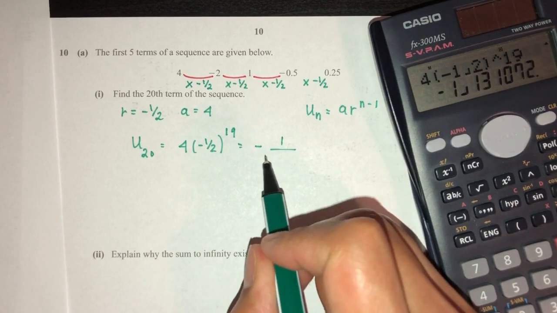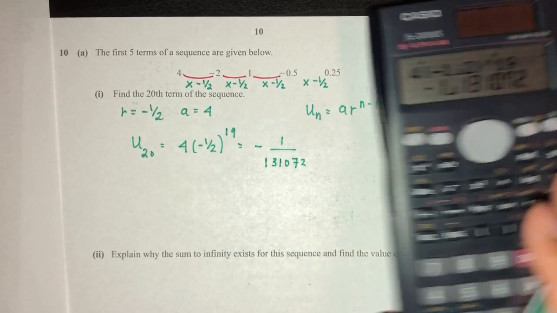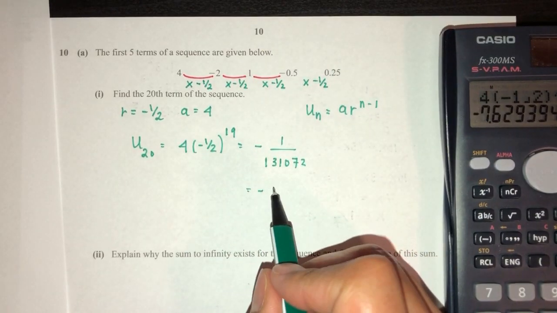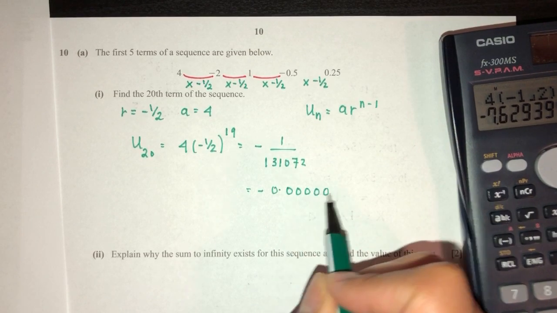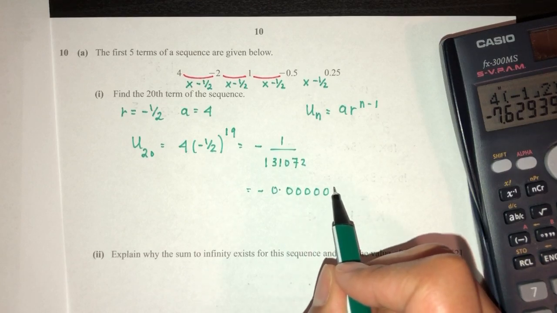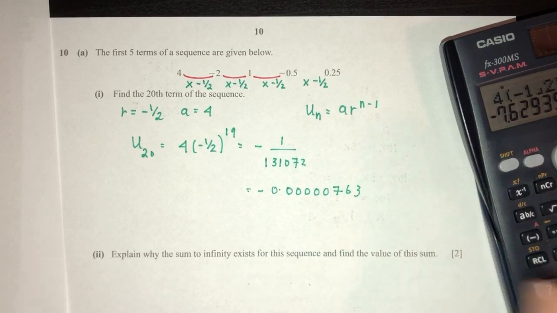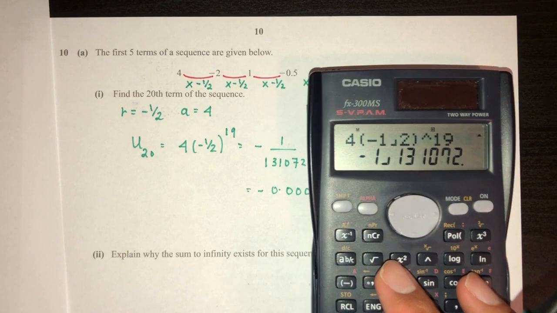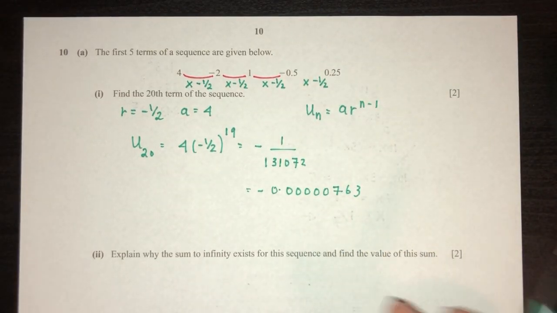Minus 1 over 131072, or in terms of decimal, that could be minus 0.00000763. So this or this as your answer. Okay, that will be your answer for part 1.